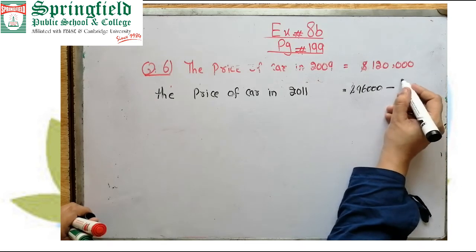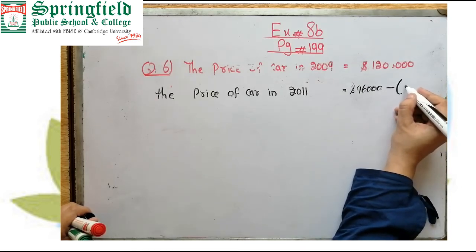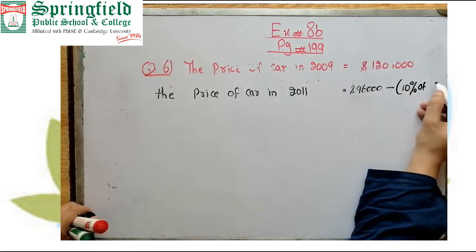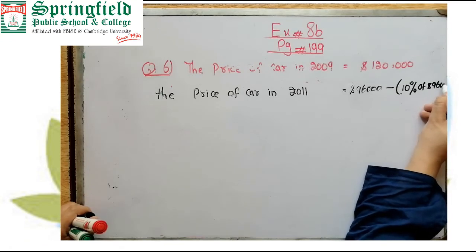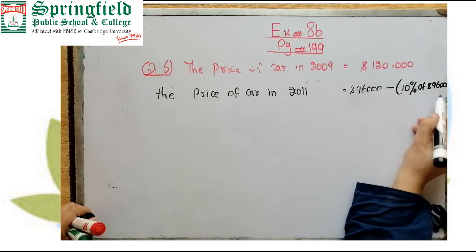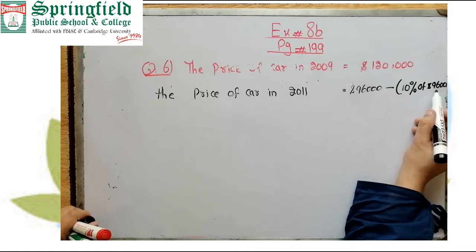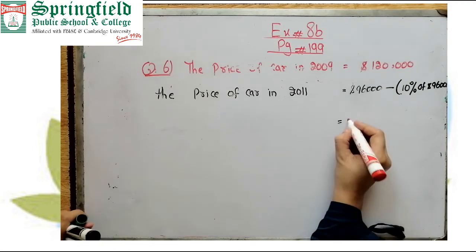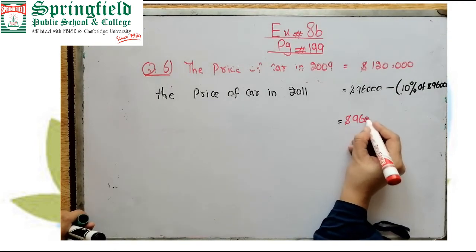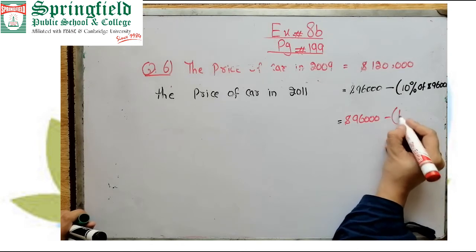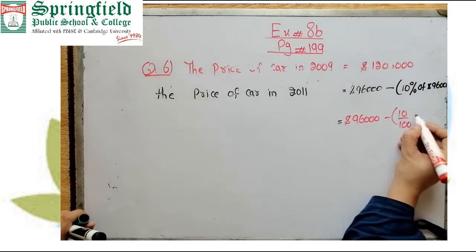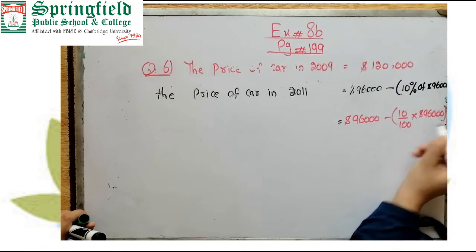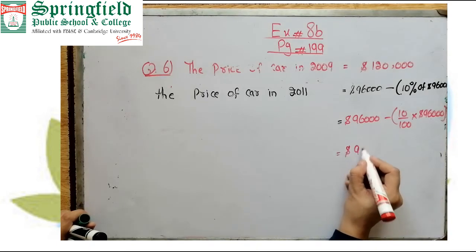Then decrease means subtract, and how much decrease? 10% of 96,000, that price was in 2010. So 96,000 minus 10%: write down 10 over 100, of means multiply, $96,000.